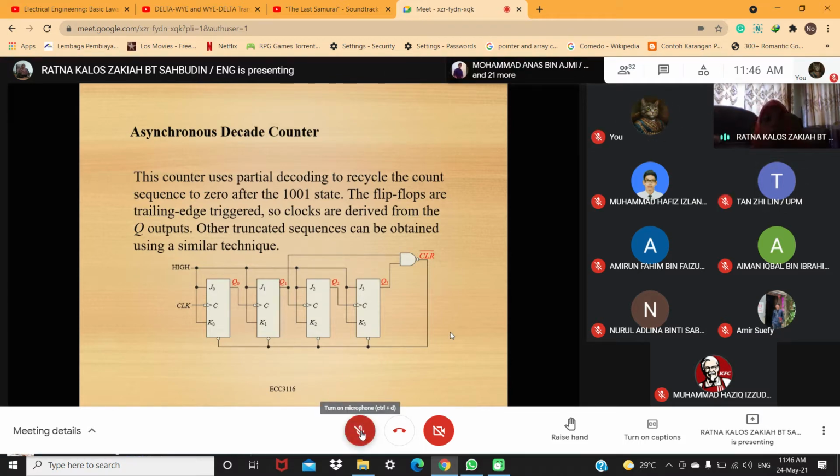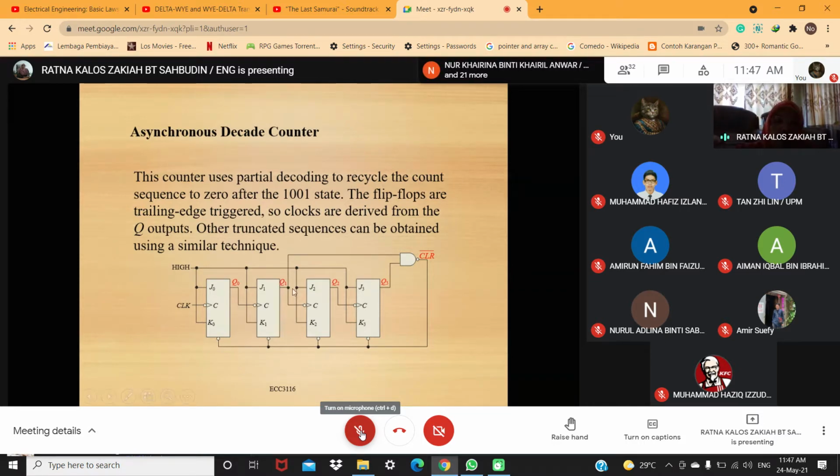So this counter uses partial decoding to recycle the count sequence to 0 after the 1001 state. So the flip-flops are trailing edge triggered. Okay, trailing edge triggered, see, because the clock you have bubble there. So clocks are derived from the Q outputs. Okay, other truncated sequences can be obtained using a similar technique.